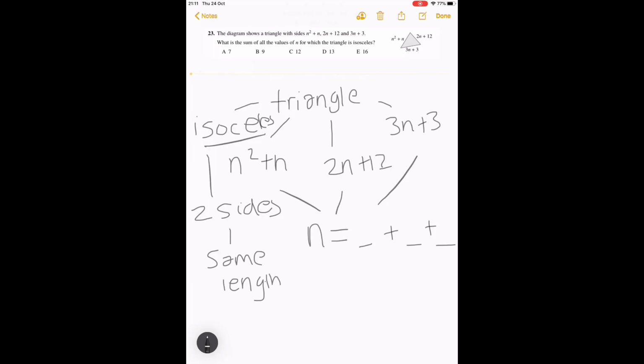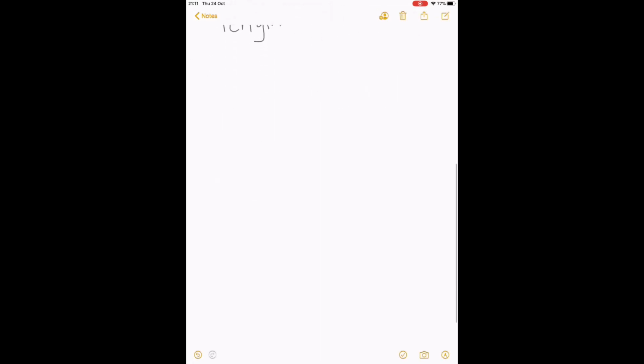So to find the sum of the values of n, we're going to have to find which sides are the same length, or the possibilities of which two sides are the same length. So we'll start with the first possibility. We have n squared plus n equals 2n plus 12.